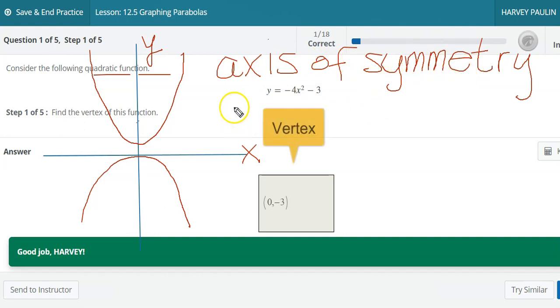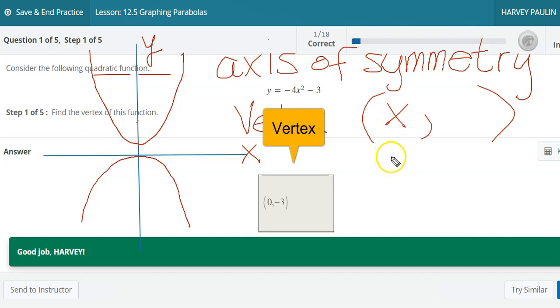Well, when you find the vertex, which we're going to do shortly here now, whatever is in the x position, whether it's the minimum or maximum, whatever that x value is, that is your axis of symmetry.